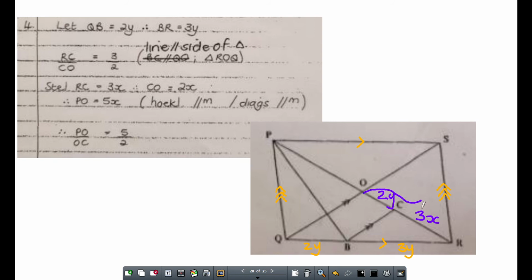Because this 2, look now, I'm going to write 2y and 3. Sorry. Okay, so these two together gave me 5x. And because the diagonals bisect each other, I knew that PO will also be 5x.